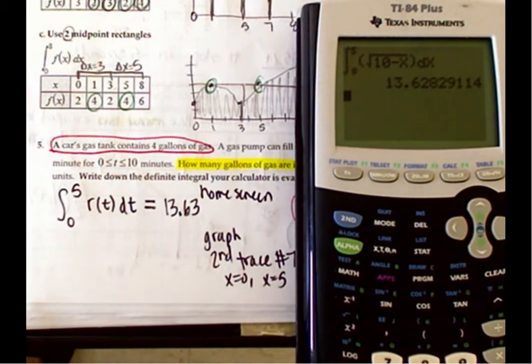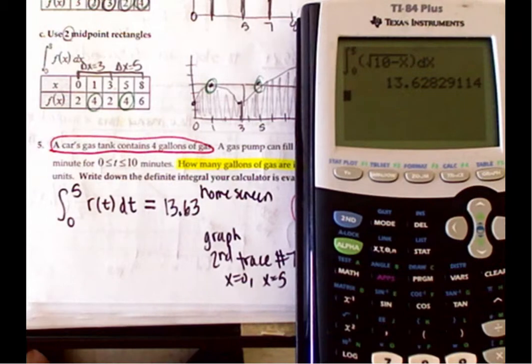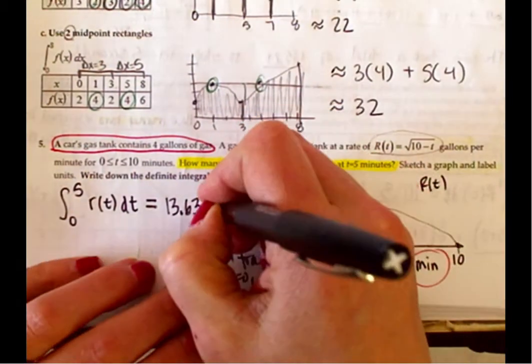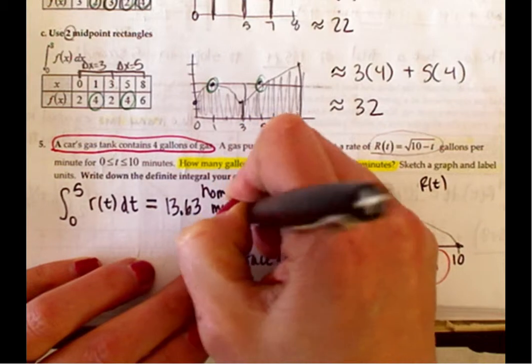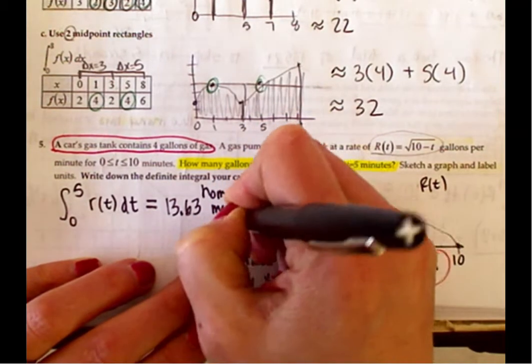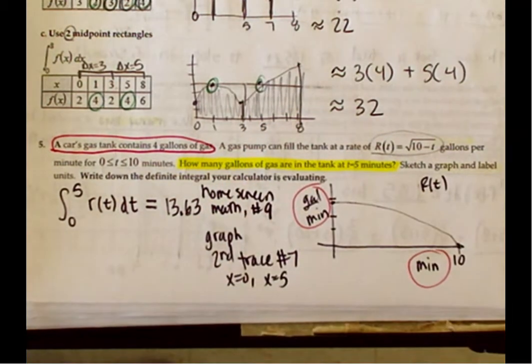Same answer. It doesn't matter where you evaluate this, but if you need the exact answer, you do it on the home screen or the graph screen. Home screen might be easier because you're not worried about the window. So that was math number 9, and then I'm going to let you fill it out from there.